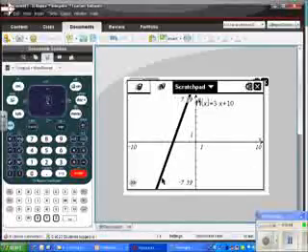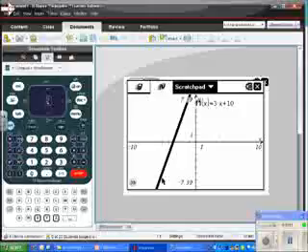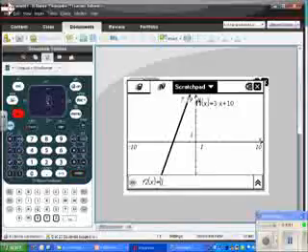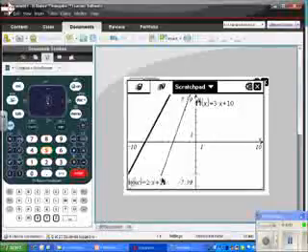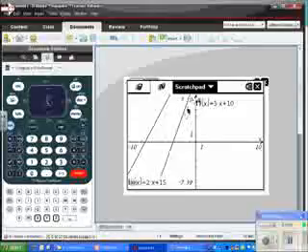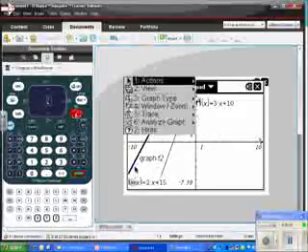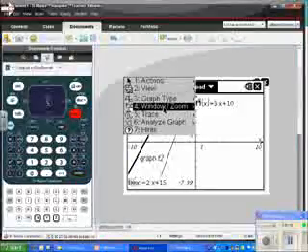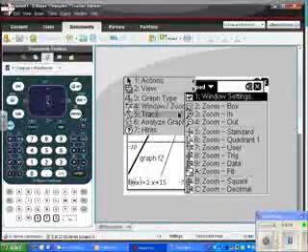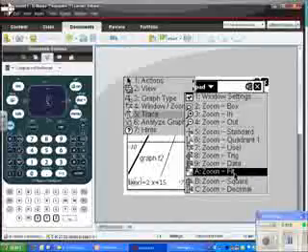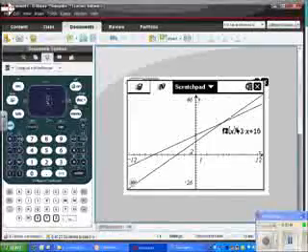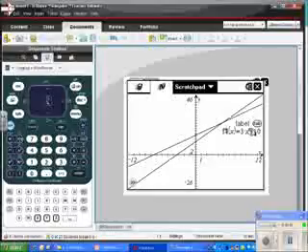Then to get the equation bar back up, you hit the tab key and type in your 2x plus 15. And then what I notice is I can't see the intersection point. So I can't see where they cross each other. So you go to your menu key, go to Window and Zoom, and then you want it to fit. So then you have to go down and choose letter A. Now I can see where they cross.